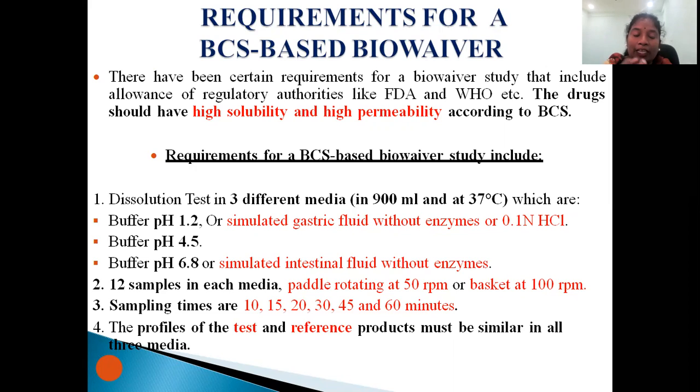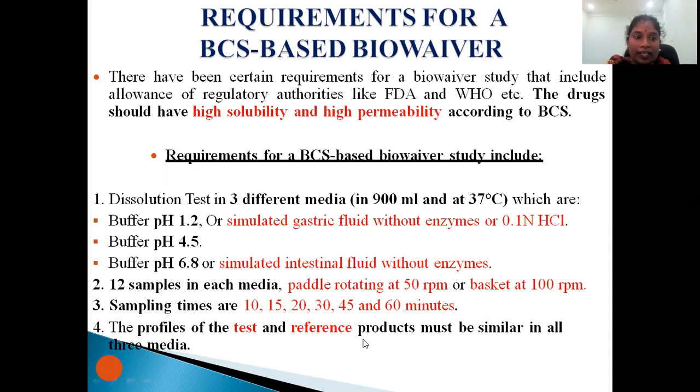That we call in vitro studies. In vitro is nothing but outside of the body. So the same body temperature and body capacity we maintain outside the body with the instruments, the same temperature and capacity, in the dissolution test.